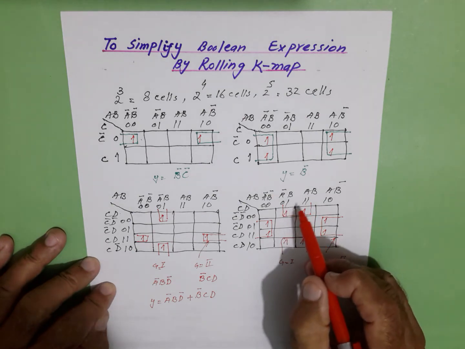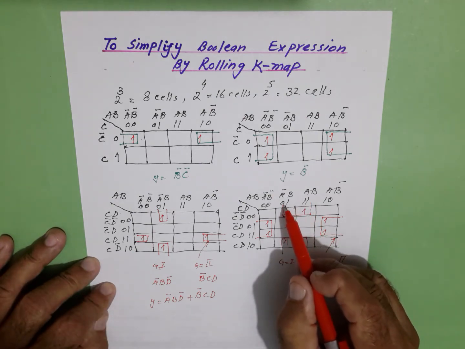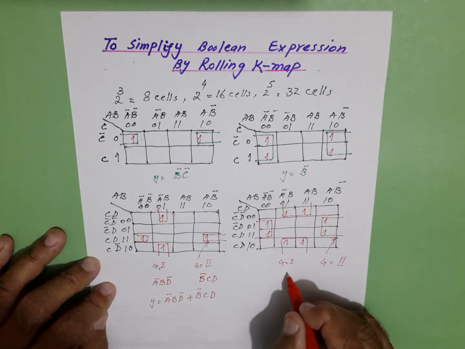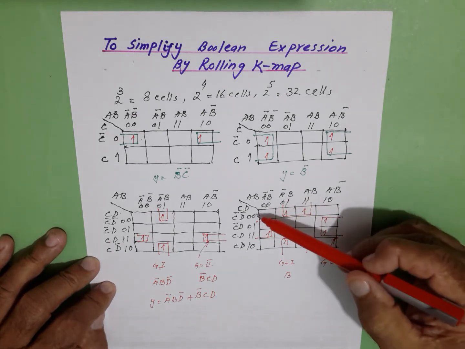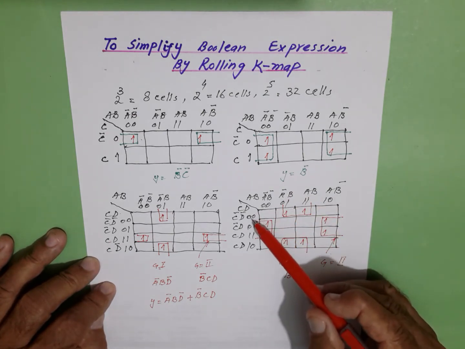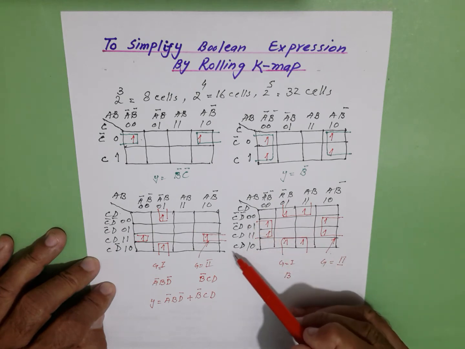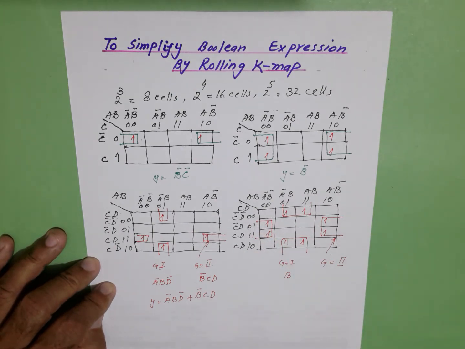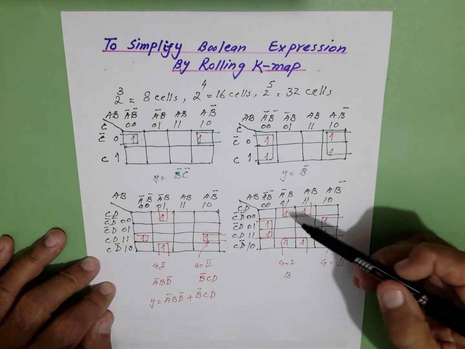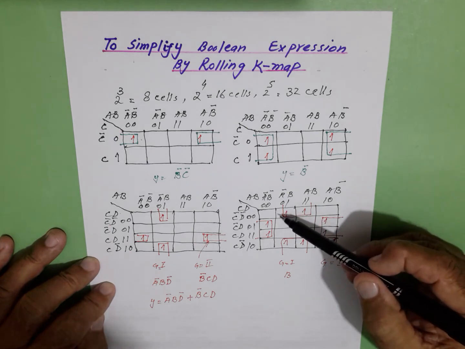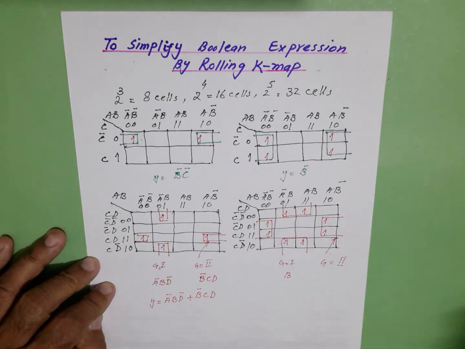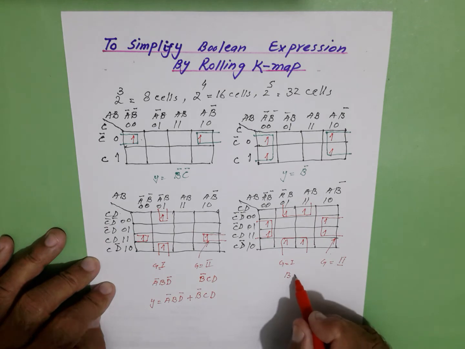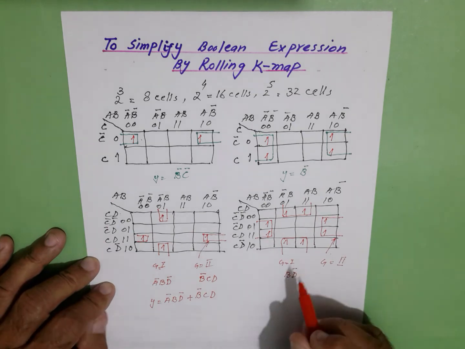Going from this column to this column, one variable is changing, A is changing, but B is constant, therefore we can write B. And from horizontal rows, this is C bar D bar and C D bar, meaning from top to bottom D bar is constant, therefore we will write B D bar. This is the expression for group 1.